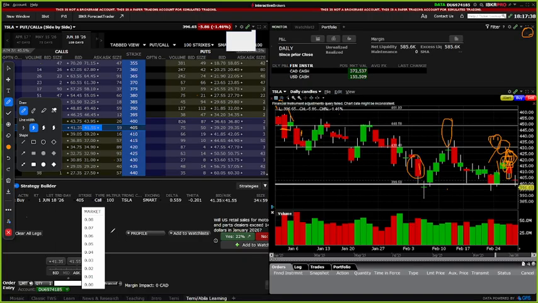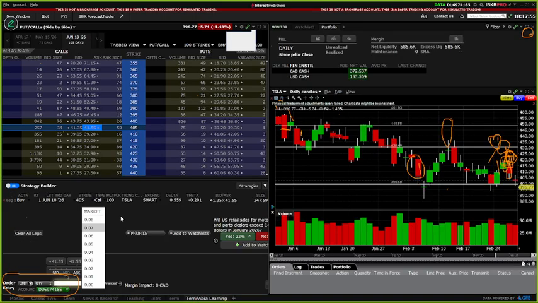No, you can remove the candle. Your option. You have to open that strategy builder.